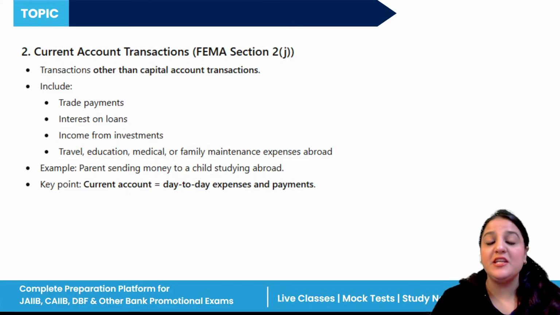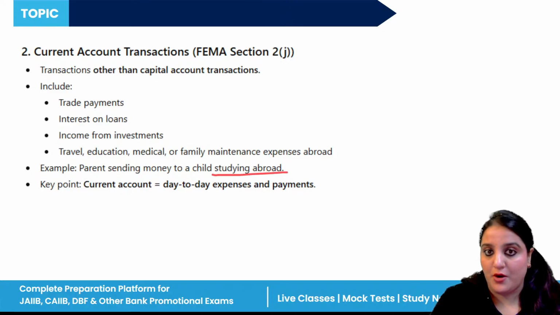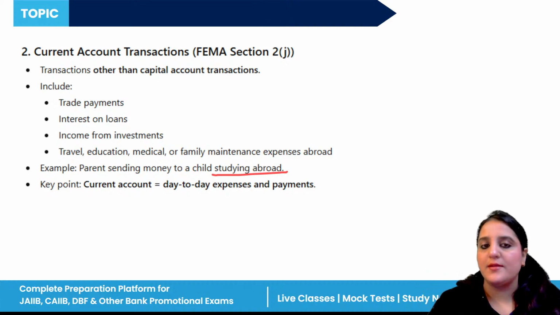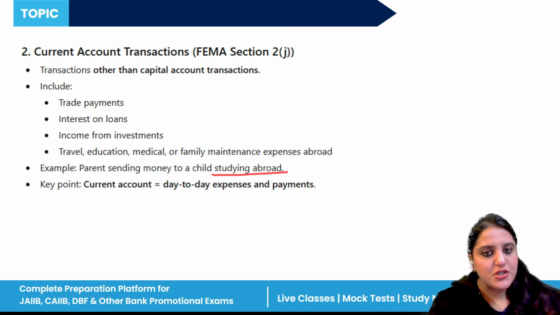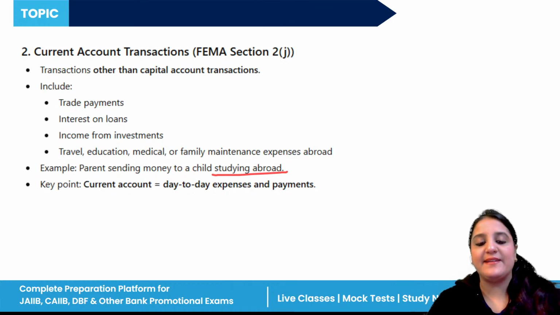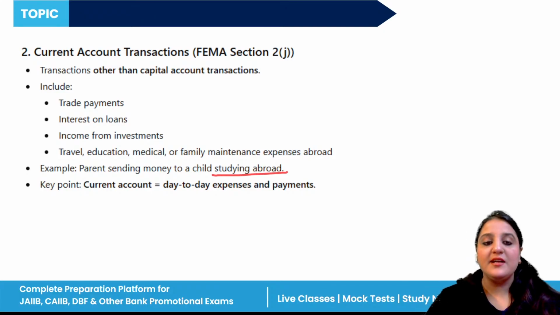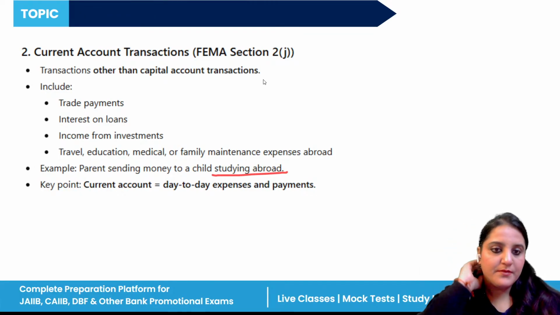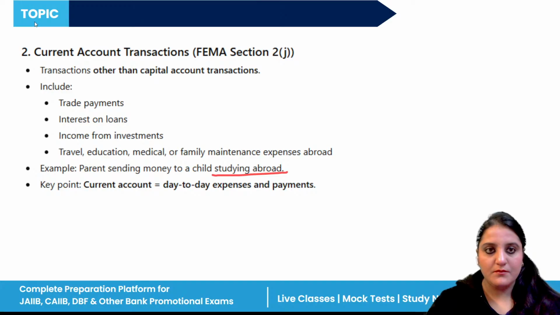A parent sending money to a child who is studying abroad is a current account transaction. Day-to-day expenses and payments are current account transactions. Clear? I hope it is clear what is current account and what is capital account.